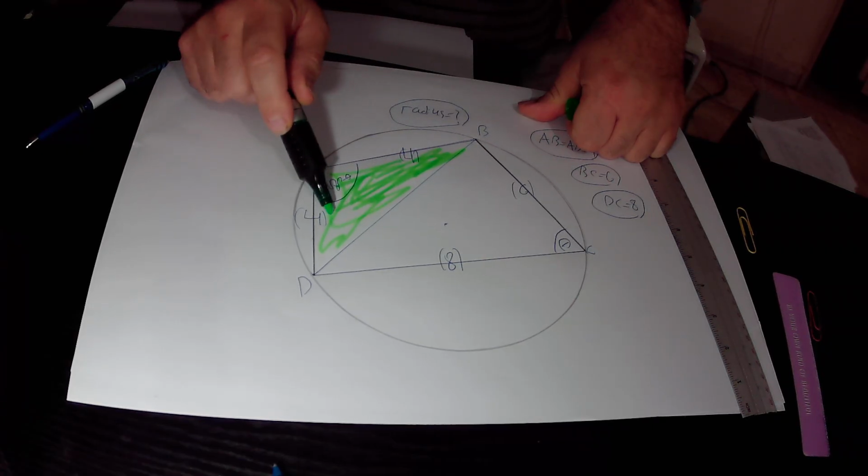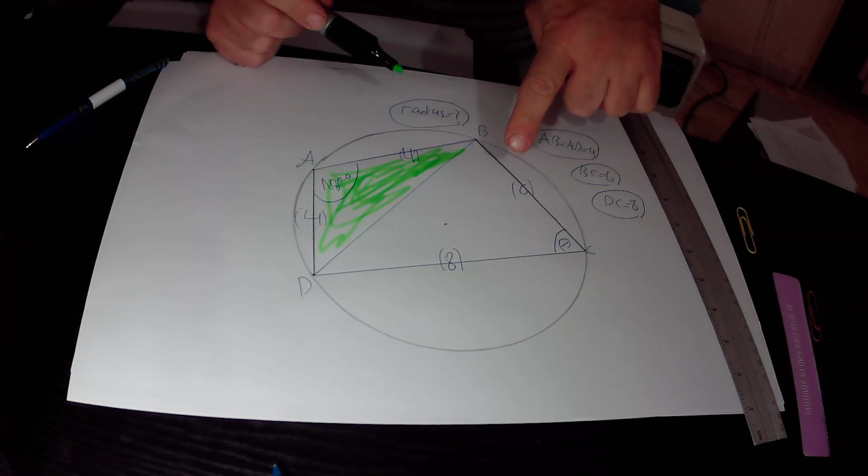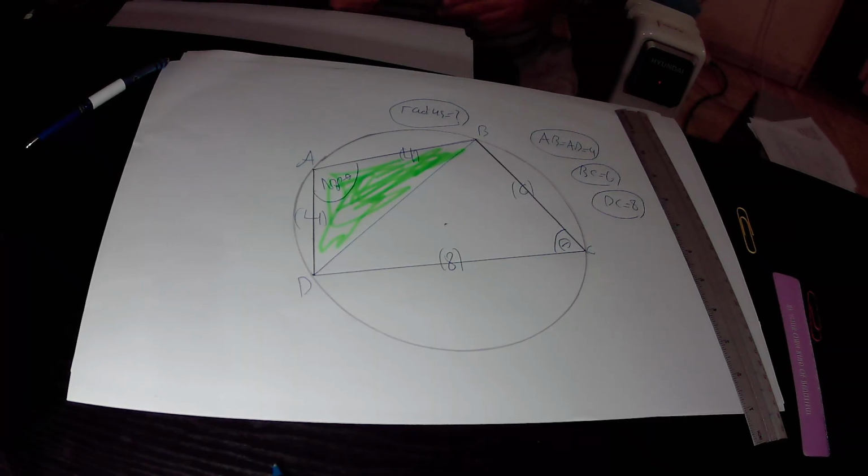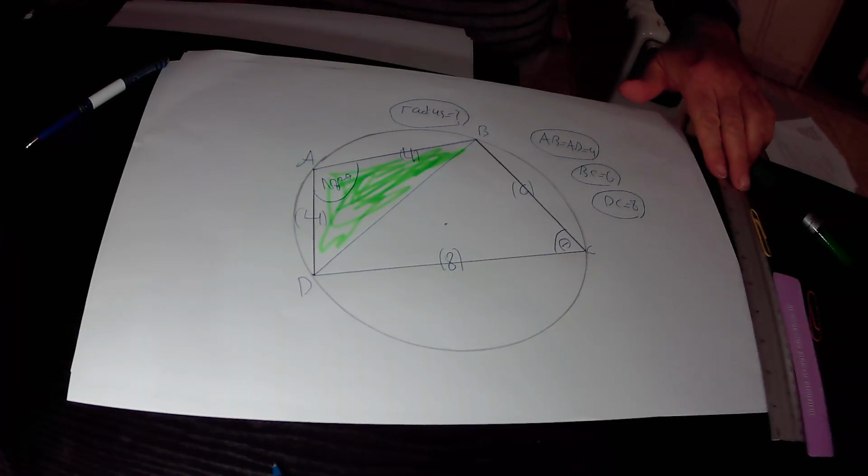And the second part is the white triangle BDC. So in the next step, we will implement the law of cosines on both triangles. So please click on the law of cosines.